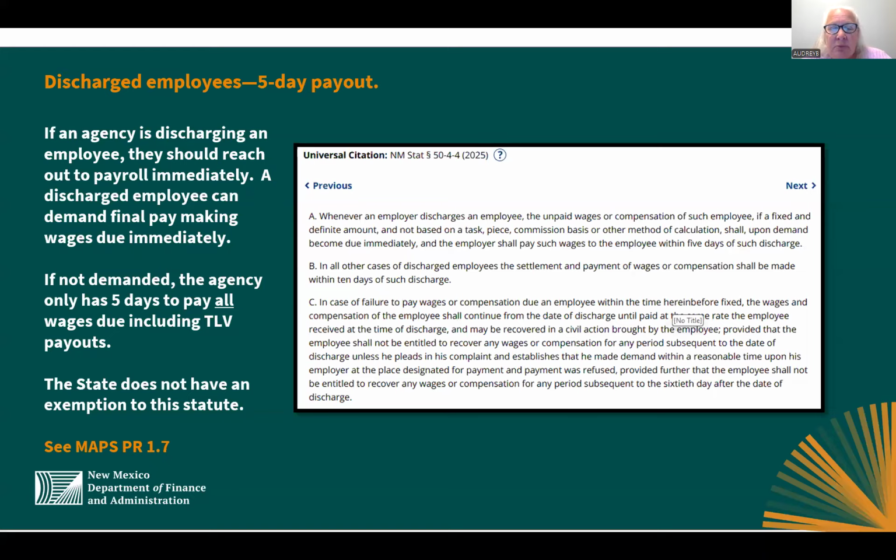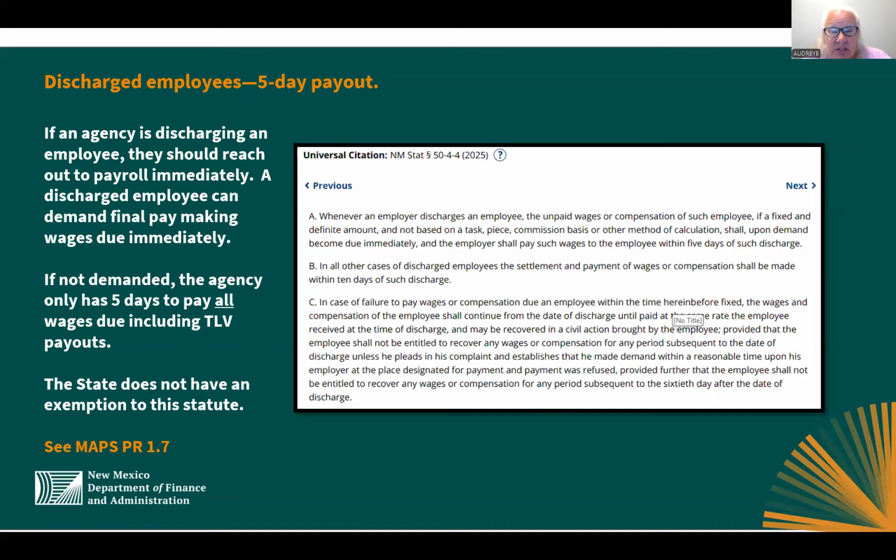A discharged employee making a final demand of payment, we will not be able to satisfy those requirements unless we have been given prior notice. So as soon as an agency learns that they are going to involuntarily terminate an employee, they should be reaching out to Central Payroll to make arrangements to get that check issued.